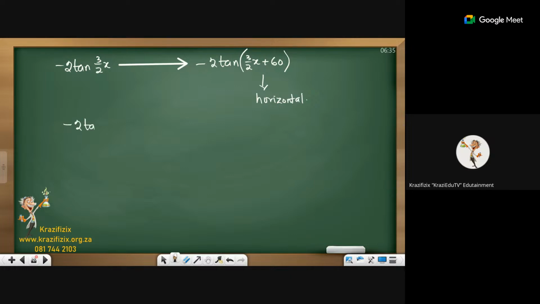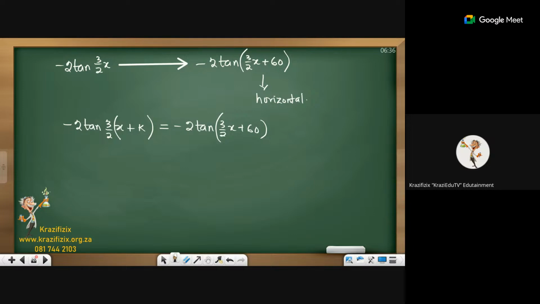Check what I'm going to do. 3x must be in bracket. I have already shifted horizontally, but I need this to be equal to this. All right? I need those two to be equal.